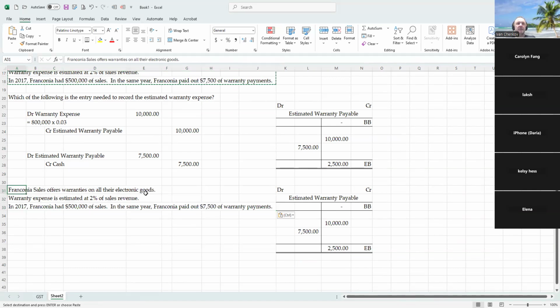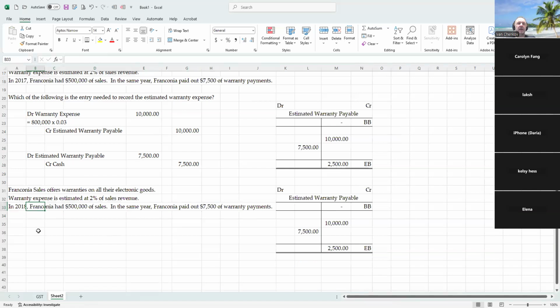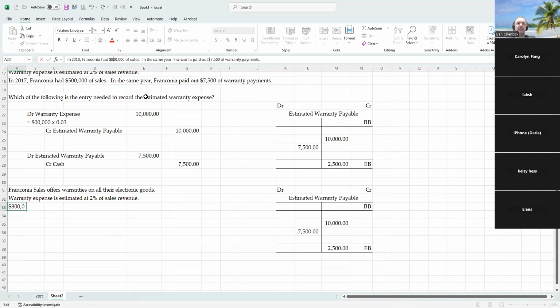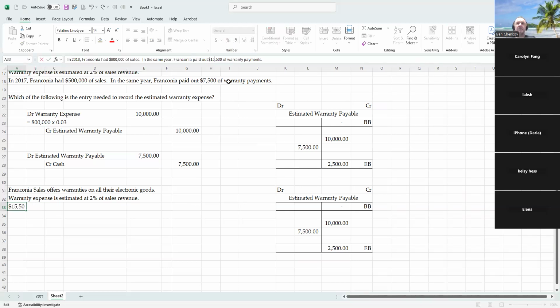So, same thing, warranty expense. Second year. Warranty expense is now estimated at, let's keep it at 2%. In 2018, the second year, they had sales of $800,000, and in the same year they paid $15,500.